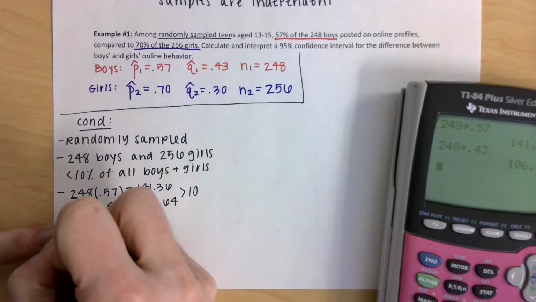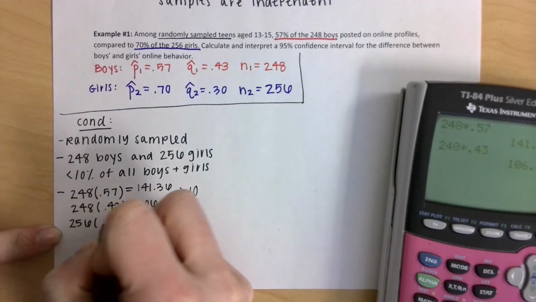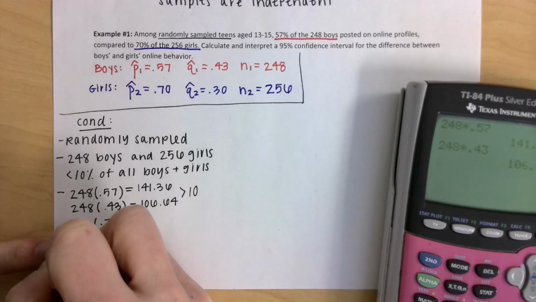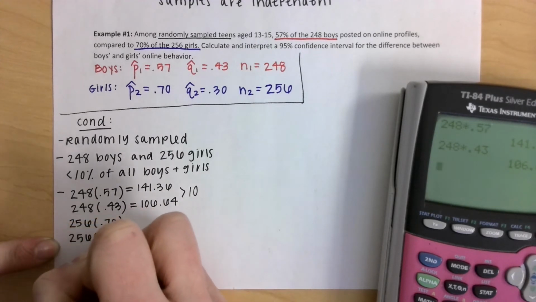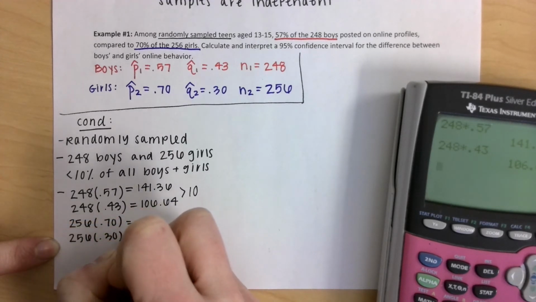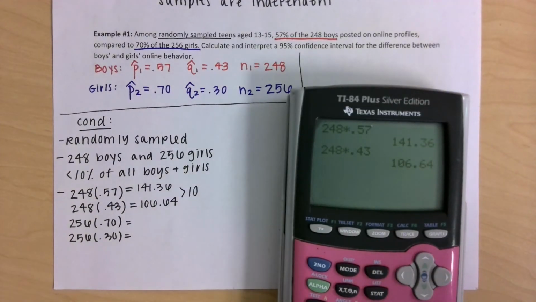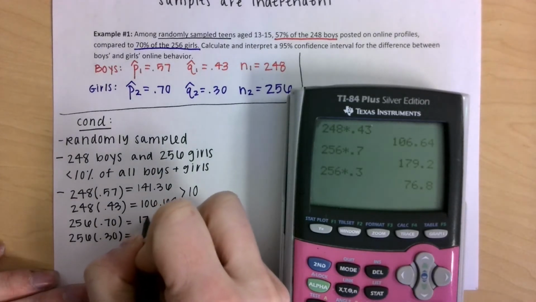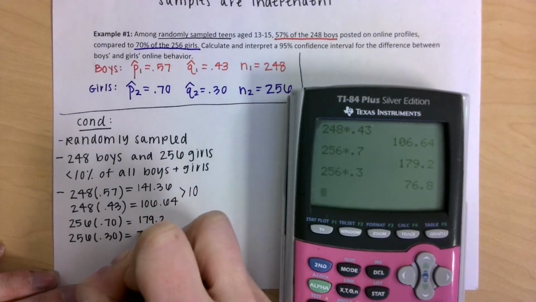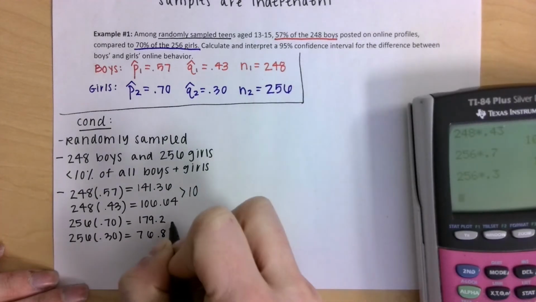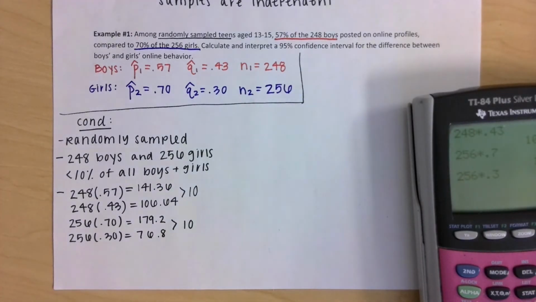So I'm now taking my 256 girls, multiplying it by the 70% and the 30%. Definitely greater than 10 there. So both of those are good. The fourth condition is I have to make sure that these 2 samples are independent.